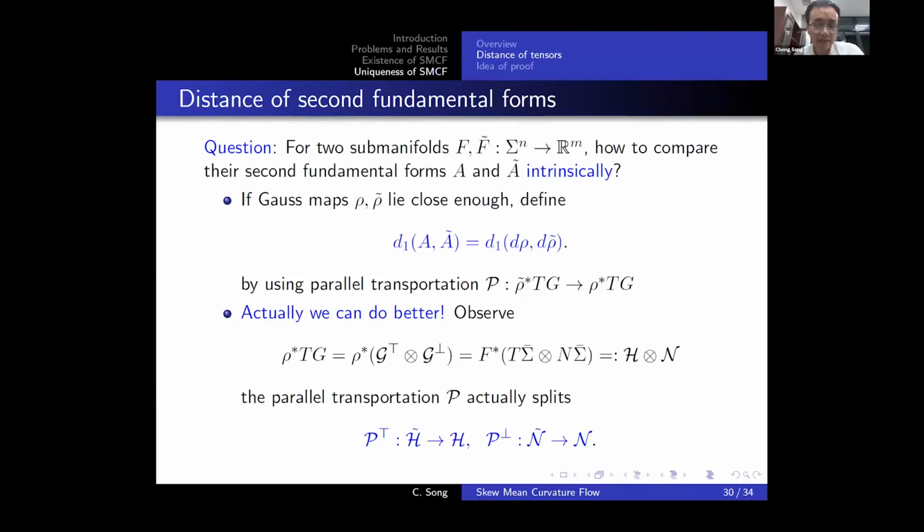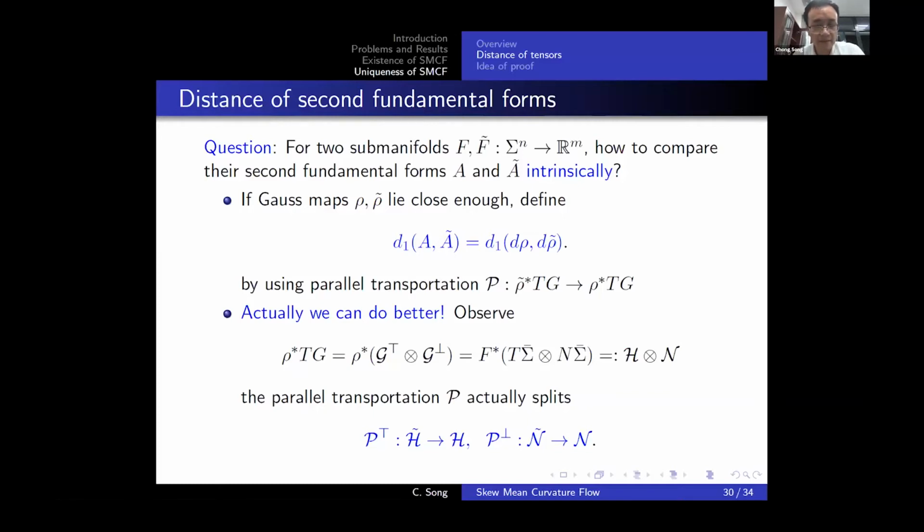So how can we do that? A key observation is that the second fundamental form can be viewed as the differential of its Gauss map. Okay, so the second fundamental form can be viewed as some type of tangent vector on the Grassmannian manifold.